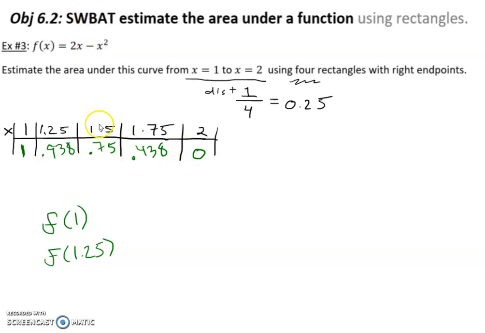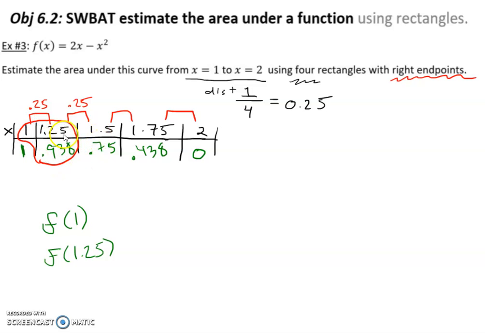So we've got, let's see, it said right endpoints. So each of our dx's, our change in x, looks like it's about 0.25, which we had calculated earlier. I'm not going to keep writing it, but that's the 4 changes. And then if we're using the right endpoint rectangles, then in this first rectangle from 1 to 1.25, the y value on the left is 1, and on the right is this 0.938, so we're going to use that one.